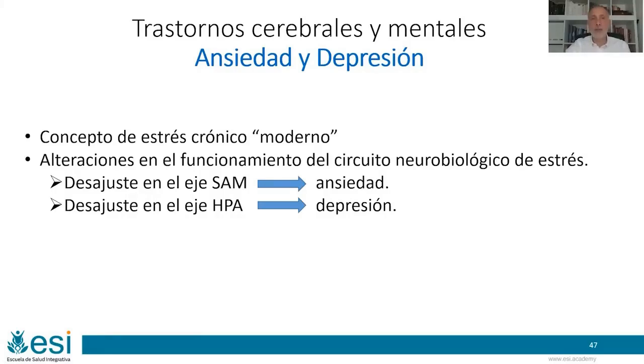And there can be two types of mismatch: in the sympathetic adrenal medullary axis, which is the SAM, and its final product, catecholamines, which seems to be more associated with anxiety problems, or a mismatch in the hypothalamic pituitary adrenal axis, the HPA axis, and its final product, glucocorticoids, which seem to be more associated with depression.